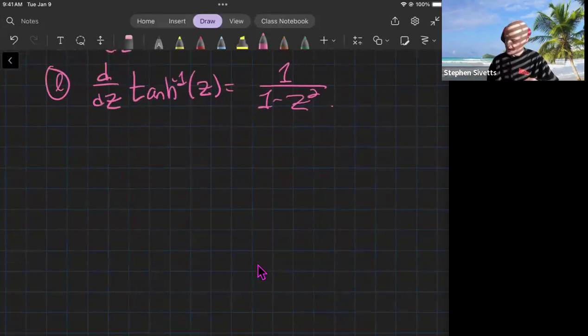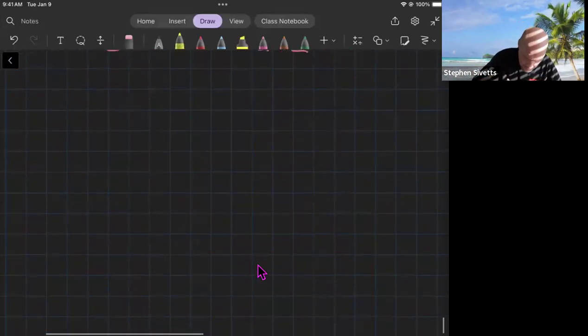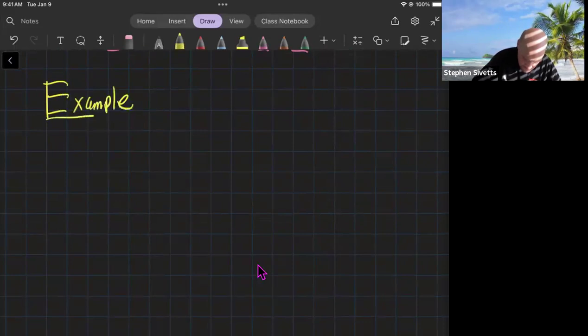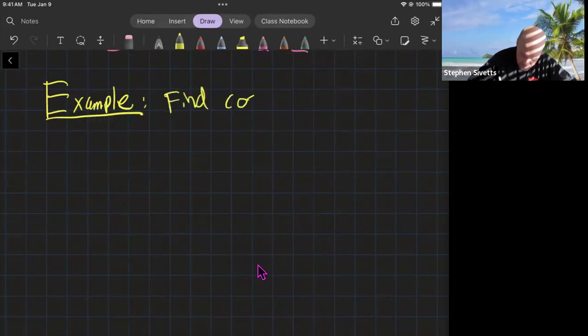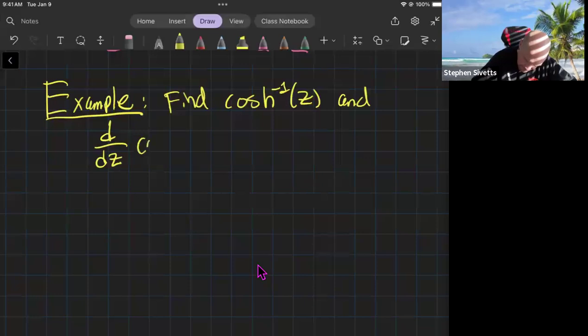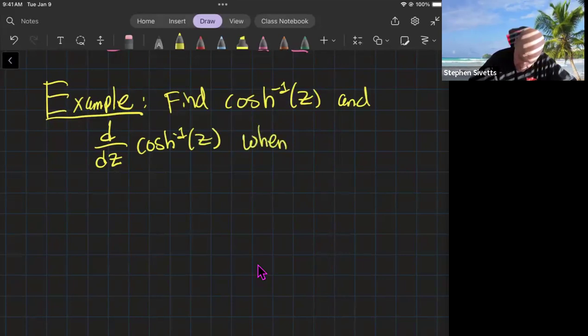So let's go over one more example. Find inverse hyperbolic cosine of z and the derivative of inverse hyperbolic cosine of z, where z is equal to minus i.